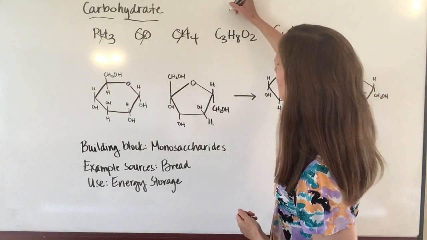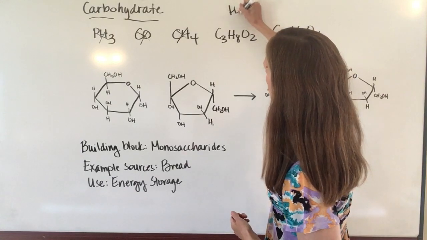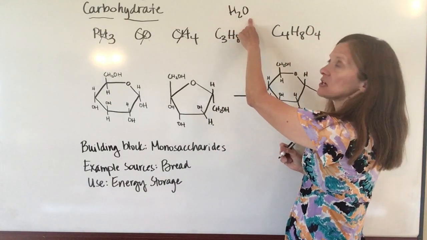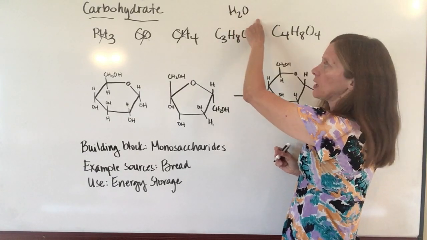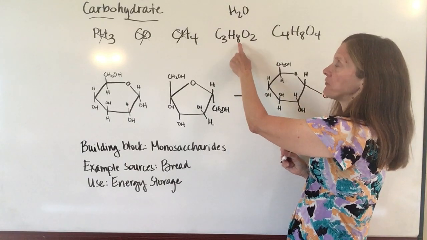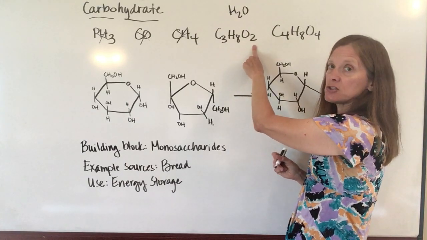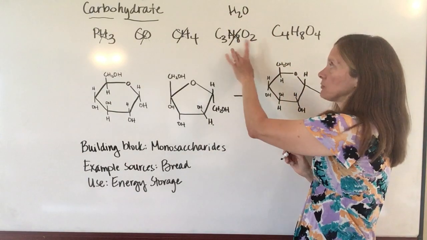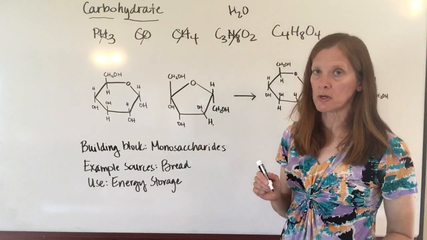Again, if you remember the formula for water is H2O, I have to have twice as much hydrogen as I do oxygen. It has to be in a 2-to-1 ratio. Is that the case here? No. Here I have 4 times as much hydrogen as I do oxygen.